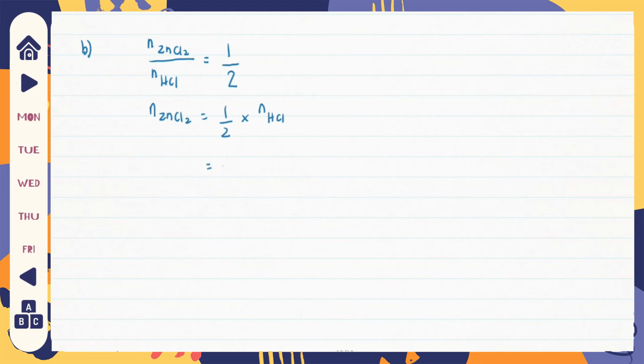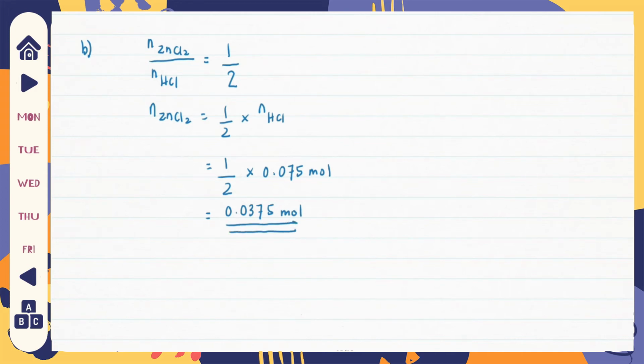So, how many HCl given in the question? So, given in the question is 0.075 mole of HCl. So, therefore, mole of zinc chloride is 0.0375 mole. So, that is your answer.